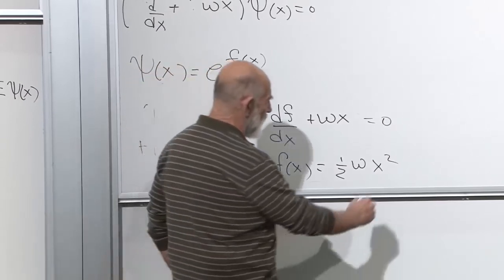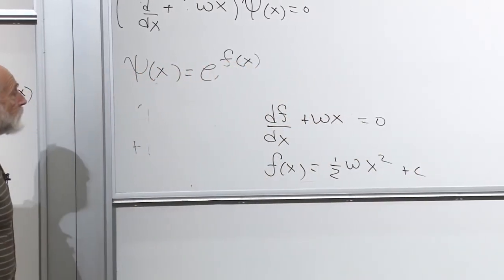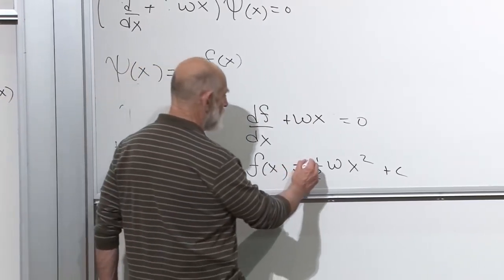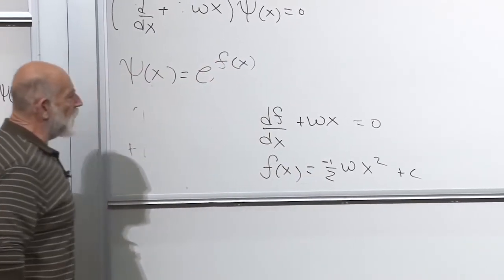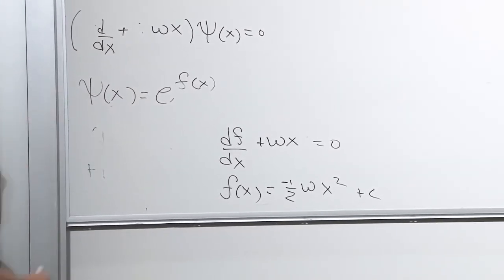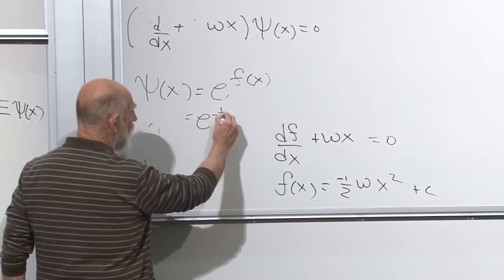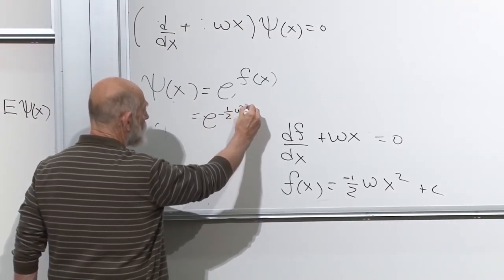Let's put the constant in there. And that's all. Minus. Thank you. Minus 1/2 omega x squared. That tells us that psi of x is equal to e to the minus 1/2 omega x squared.